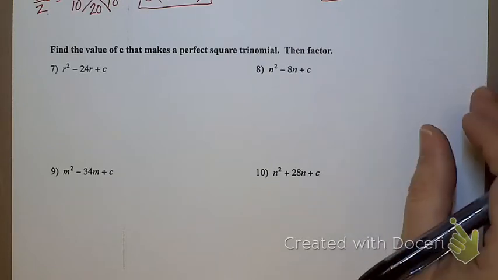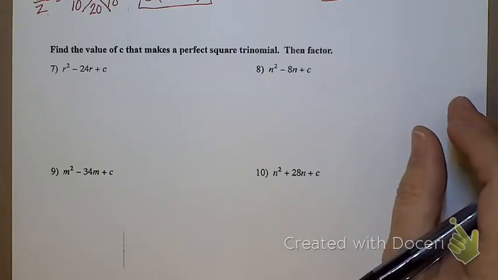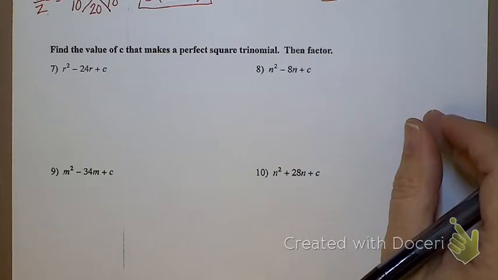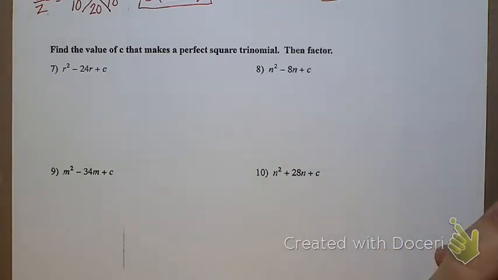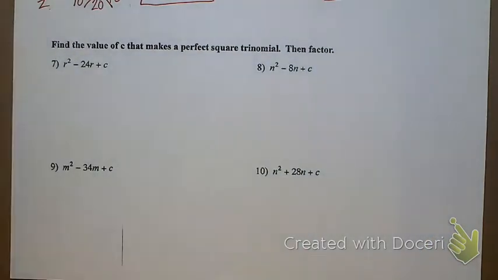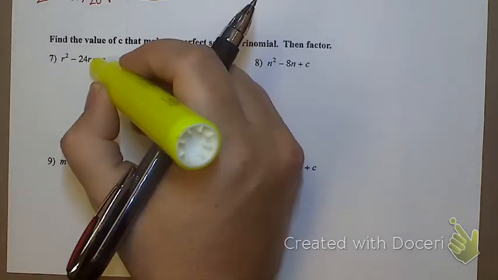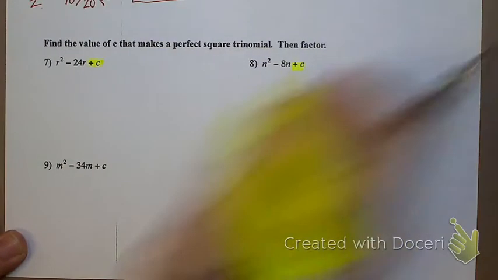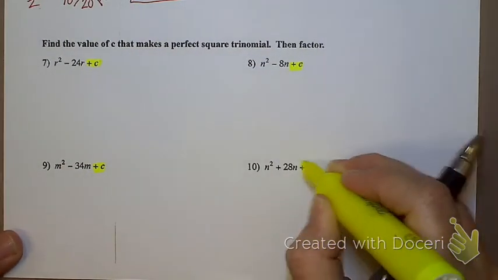Find the value of C that makes a perfect square trinomial, and then factor. So do you see where C is? Right there, there, there, and there.